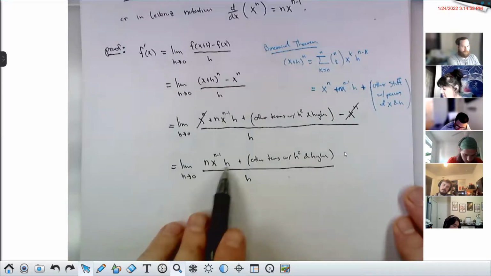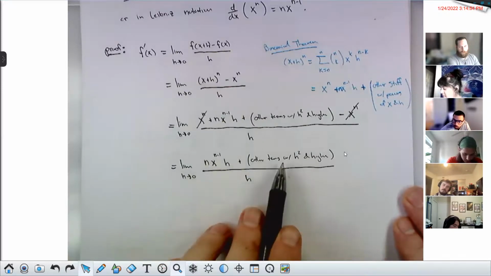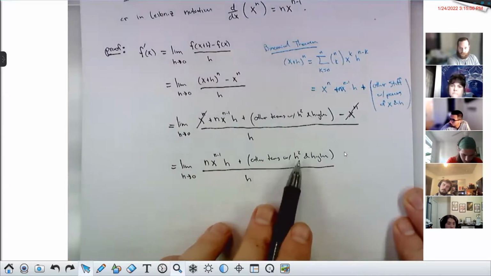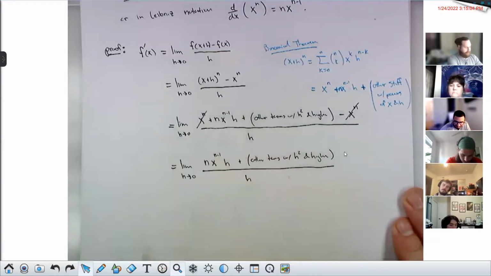This term right here has an h, and all of the terms in here that I'm not writing have h's, not just h's, but h squared and higher. So I can factor an h out from the top.